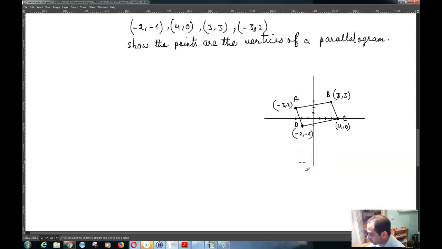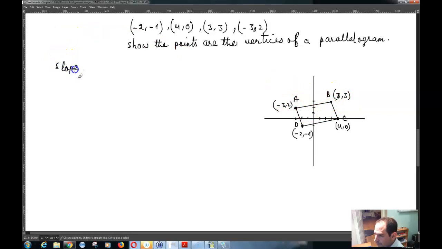We will have to find the slope of this side and the slope of this side and show that the slopes are the same, and do the same thing for these two sides, and then based on that we can conclude that this is a parallelogram. That's what we need to do. So let's see, for example, what is the slope of AB.